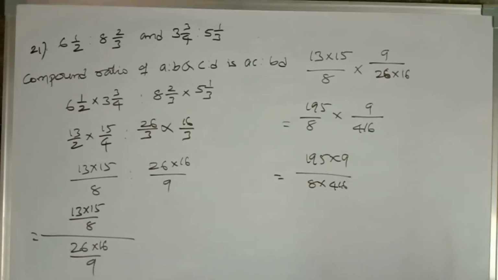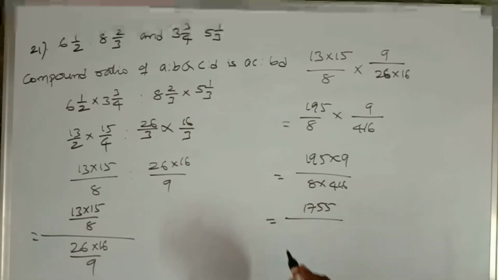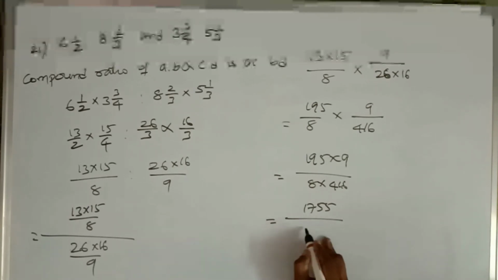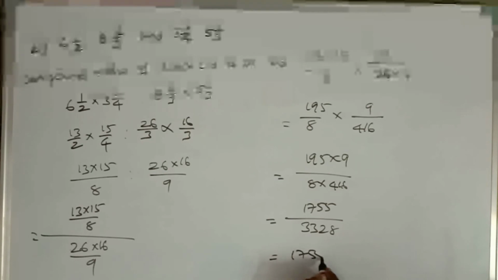That is 195 into 9 equal to 1755 by 8 into 416. 8 into 416 equal to 3328. So this is the compound ratio, that's equal to 1755 is to 3328 is the answer.